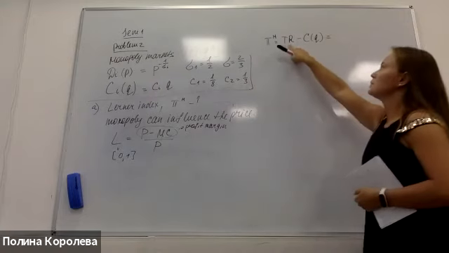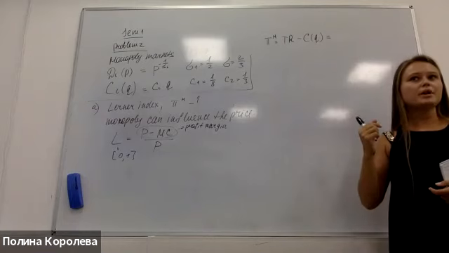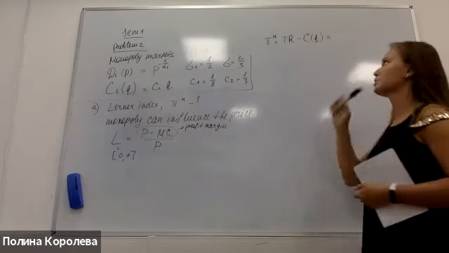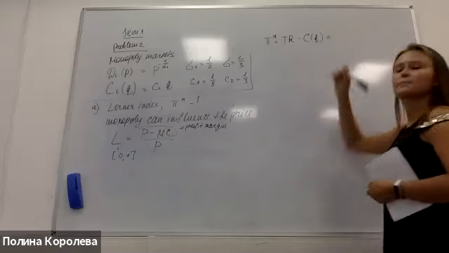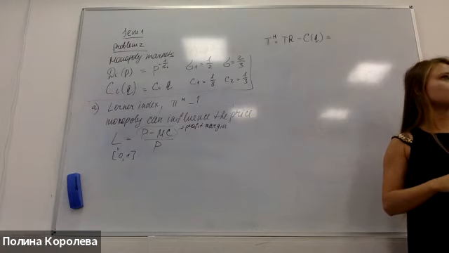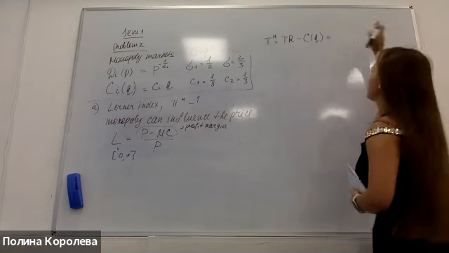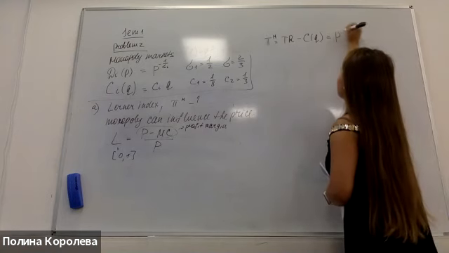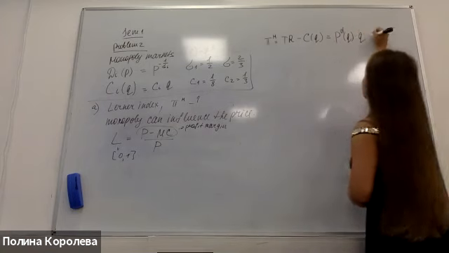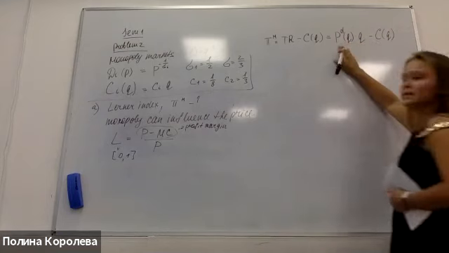But now, total revenue is price multiplied by quantity, and price is not constant for a monopoly. Price is what for a monopoly? Yes, this is the inverse demand function. Inverse demand function multiplied by quantity minus total cost.